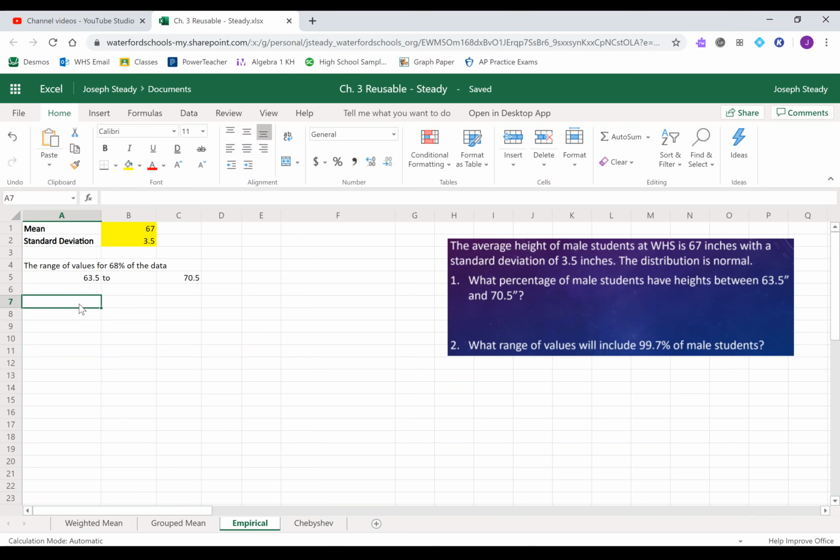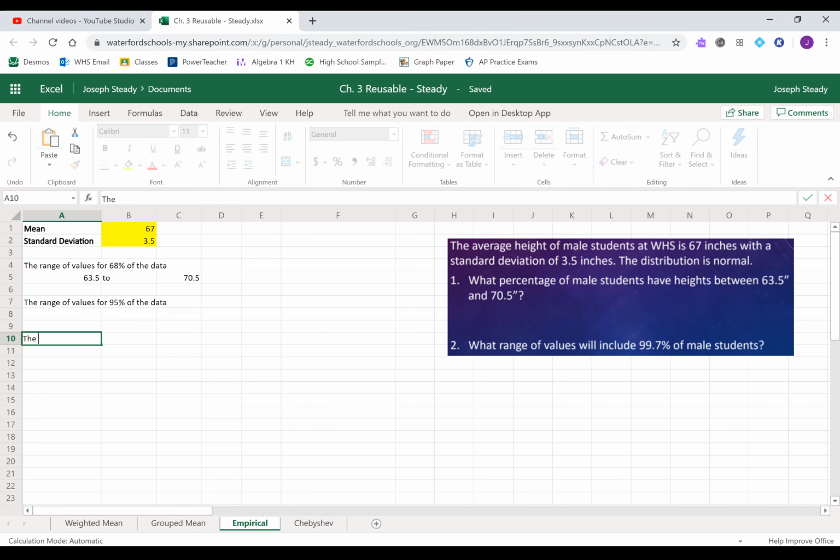We can set up a very similar calculation for the other 2 parts of this. So the range of values for 95% of the data, and skip a couple rows, the range of values for 99.7% of the data.